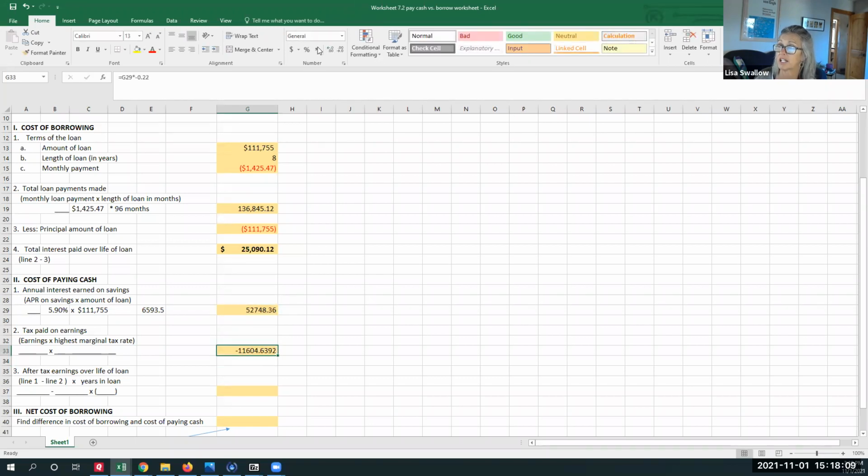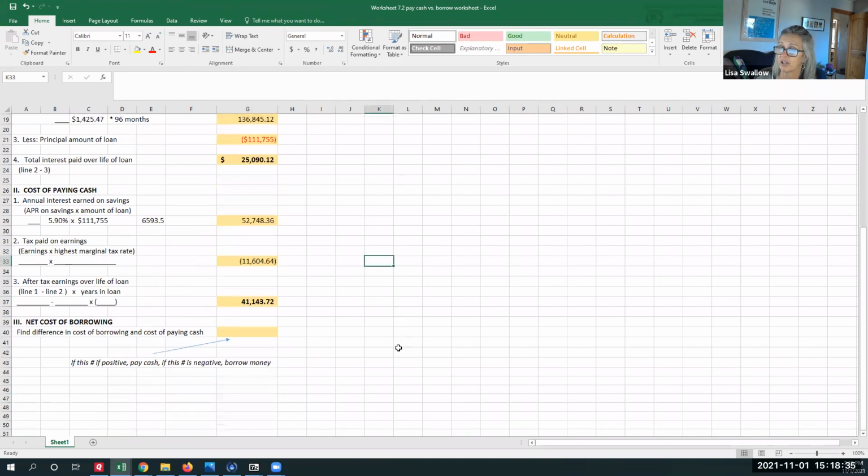So I don't get to keep the full 52,748. I've got to pay 22% of that. So the balance, or the net that I'm losing, is $41,143 over the course of the 8 years.